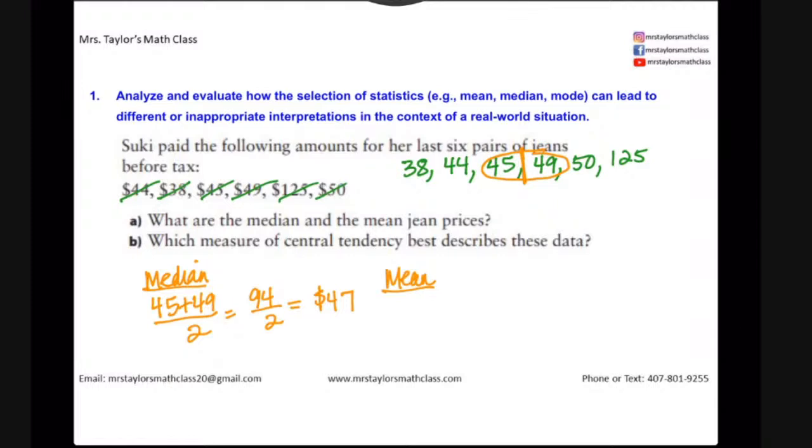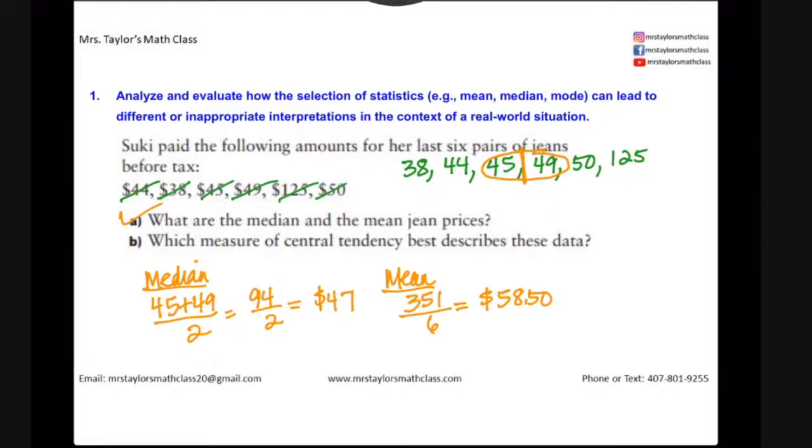And so that gets me 351 divided by 6 pair. And so the mean price is $58.50. Okay, so we got both of these. So check. We got part A. We got the median and we got the mean.